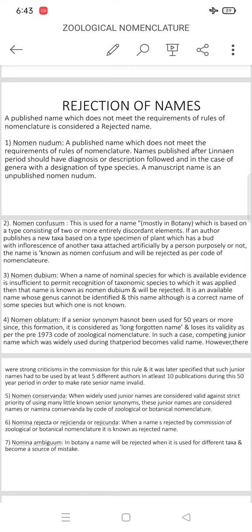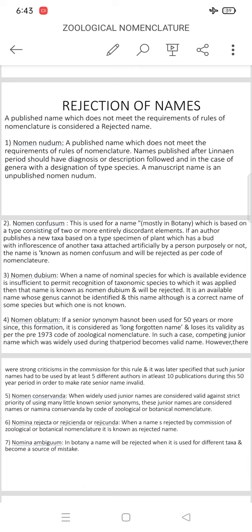Then the second one is nomen confusum. This is used for a name, mostly in botany, which is based on a type consisting of two or more entirely discordant elements. If an author publishes a new taxon based on a type specimen of a plant which has a bud with the inflorescence of another taxon attached, most usually in botany, it is termed nomen confusum.